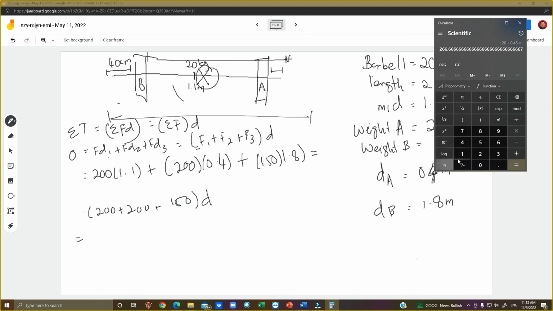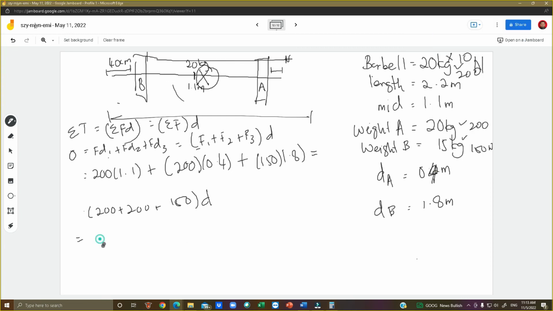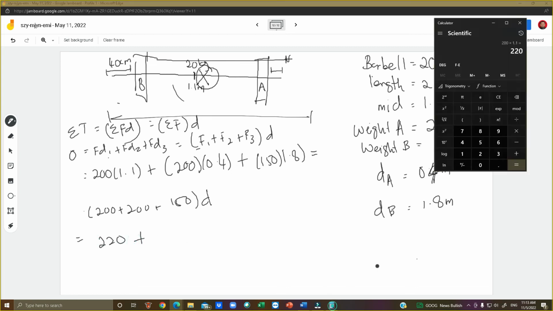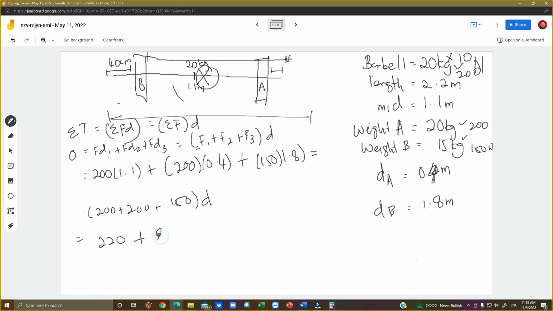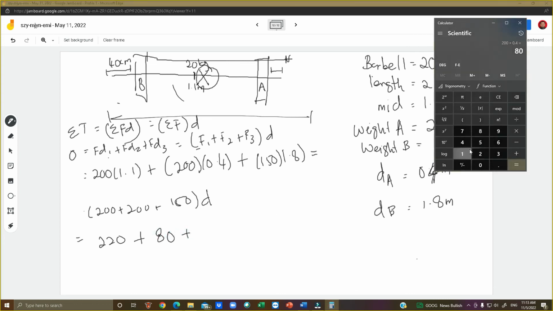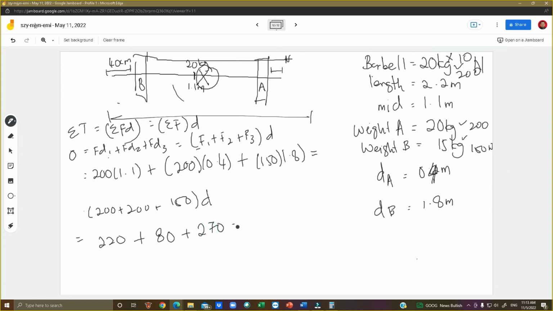200 times 1.1 is 220, plus 200 times 0.4, we have 80. And finally, 150 times 1.8 is 270. That equals 550 D. So D itself will be 570 divided by 550.